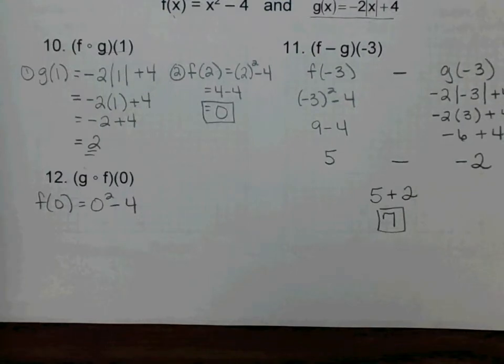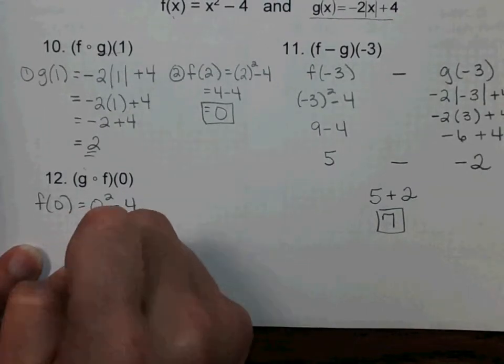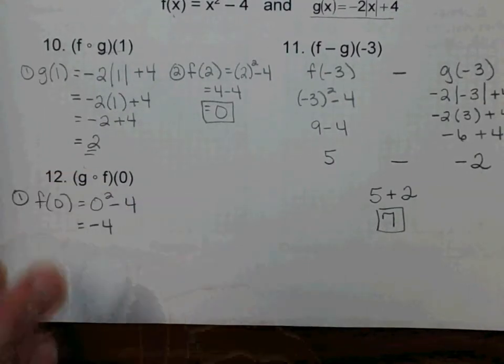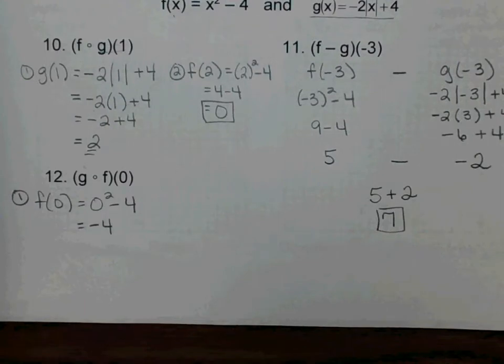So when you do that, what do you get? -4. I guess that's step 1. Step 2, substitute your answer from step 1 into the outside function, which is g.